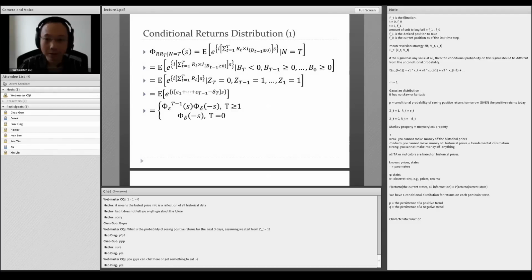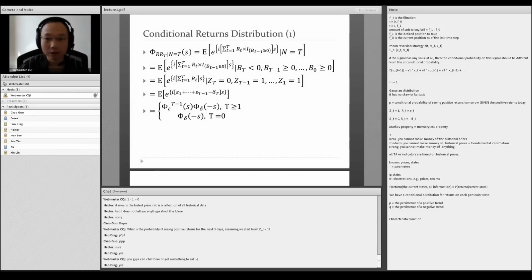And from here to here is why? Because RT equal to epsilon when ZT equal to 1, and RT equal to minus delta T when ZT equal to 0. We actually did this a while ago. Remember? Everybody see that?